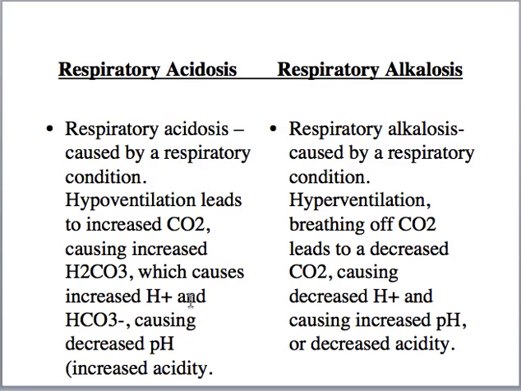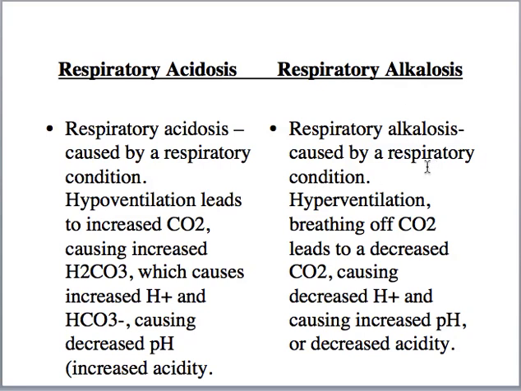How do you treat these? Well, obviously with respiratory acidosis, you want to do everything you can to help improve ventilation and get rid of the CO2 levels. It can also be treated with fluids that would adjust the pH appropriately, but the goal would be to improve ventilation here.